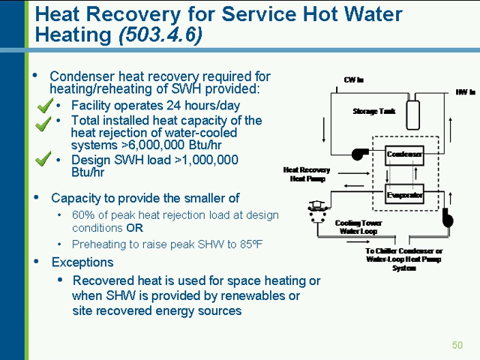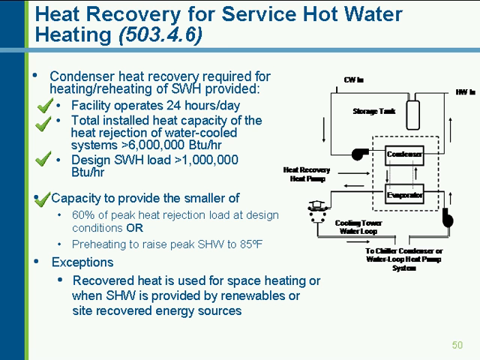And the types of applications where we typically find these requirements kick in would be hotels, dormitories, prisons, and hospitals. And that condenser heat recovery system must have the capacity to provide either 60% of the peak heat rejection capacity at design conditions, or to preheat the service hot water to 85 degrees during peak conditions.